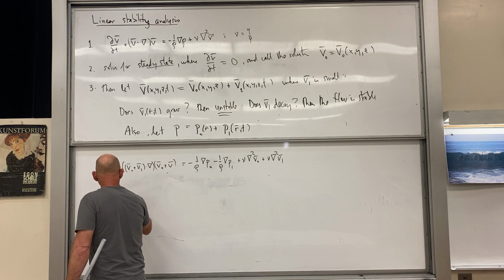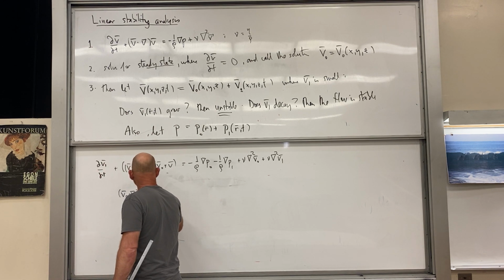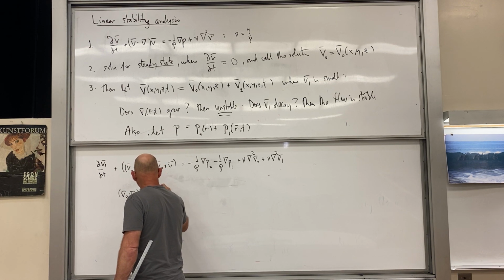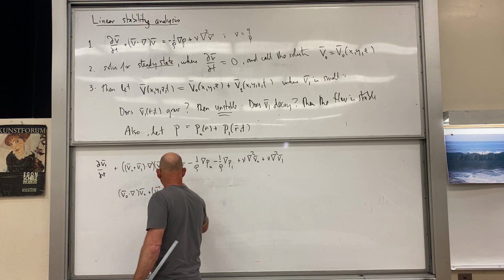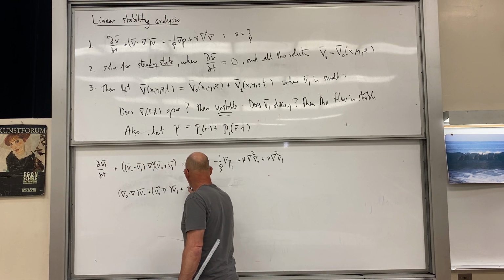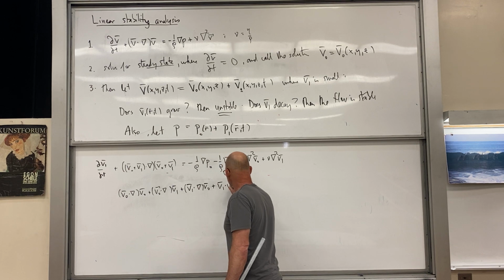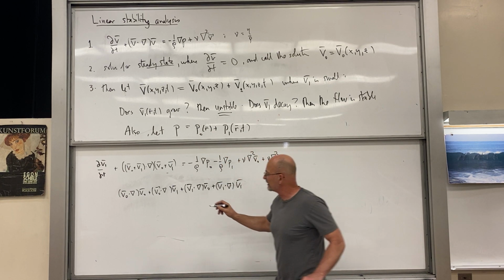So we will get v0 dot grad v0 plus v0 dot grad v1 plus v1 dot grad v0 plus v1 dot grad v1. Okay, so that is this thing right here.